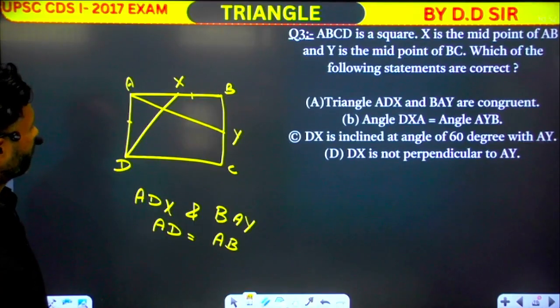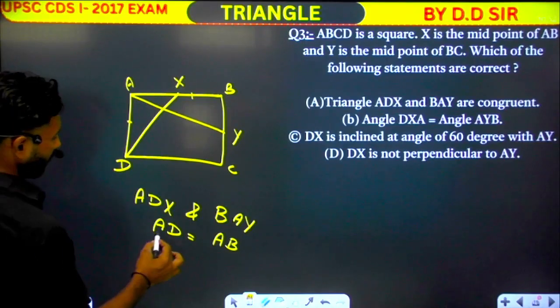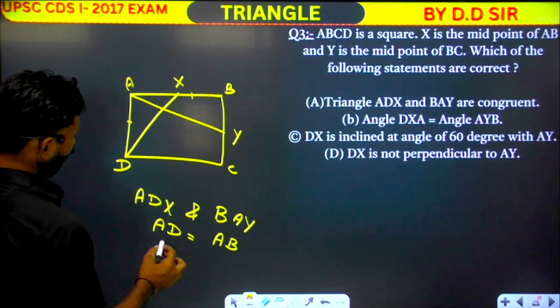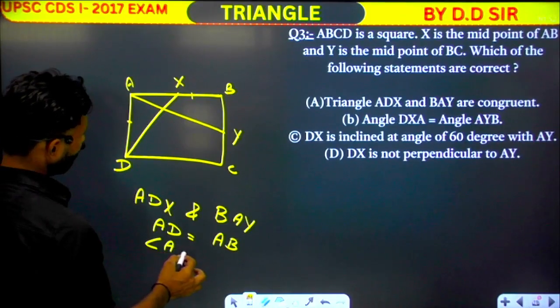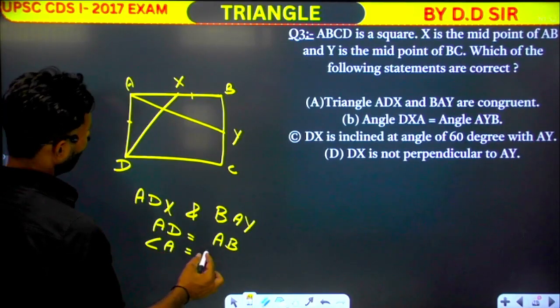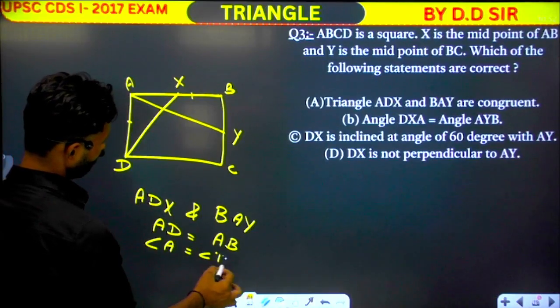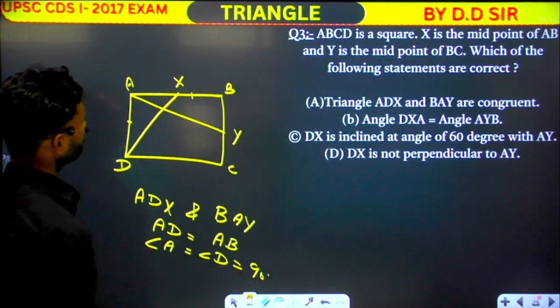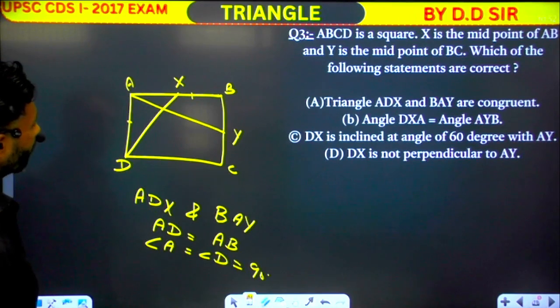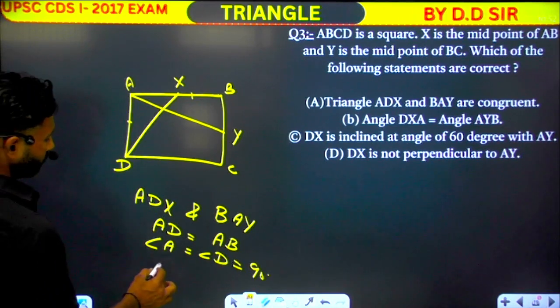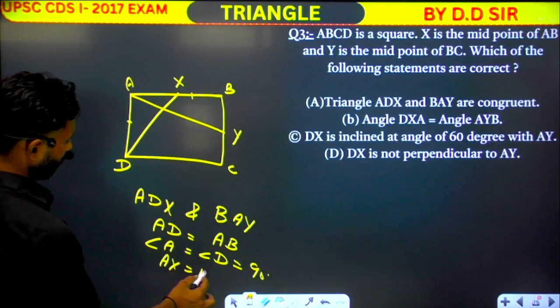Secondly, angle A equal to angle B, each angle 90 degree. Angle A equal to angle D equal to 90 degree. Yes. Now I can say AX is equal to BY.